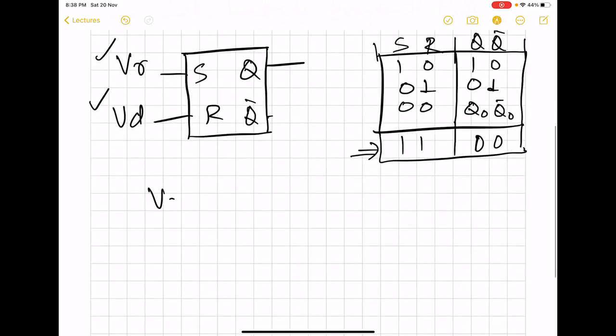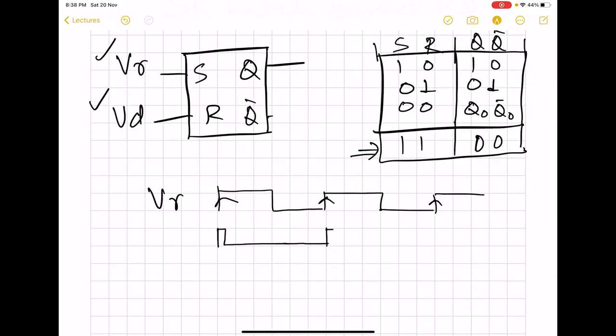If we have VR like this, so what actually will be fed to this SR latch? A narrow pulse around this rising edge.